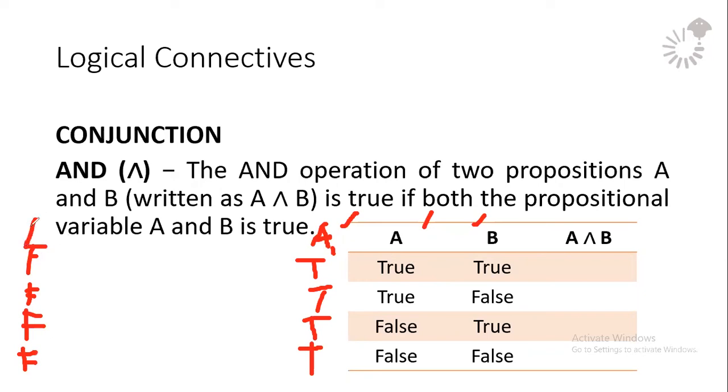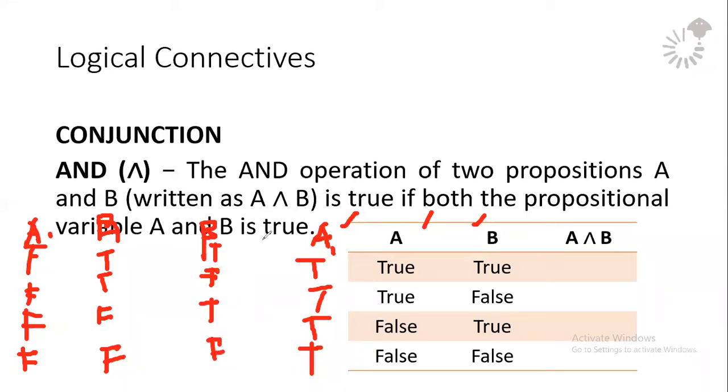So, here is A1, A, what combination does it have? True, true, false, false. And then B, what are the values of B? True, false, true, false.